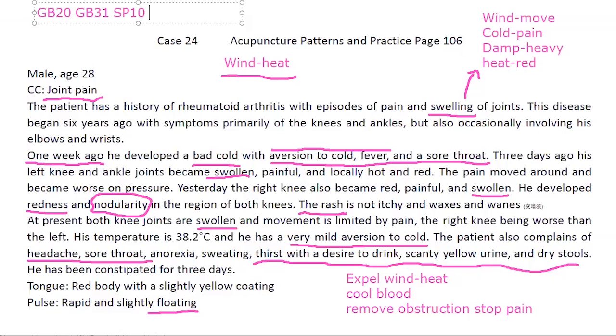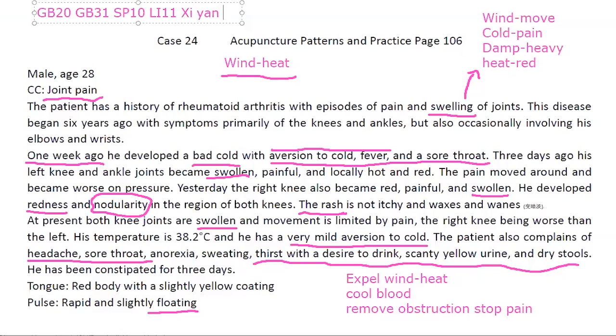And LI11, in this case we did not diagnose internal heat, but they truly have some internal heat symptoms there already. So that's LI11. And Xiyan is on the knee, close to the knee, mainly treating knee problems.